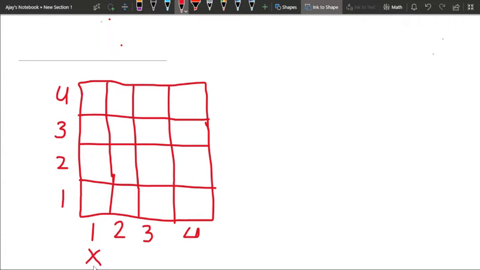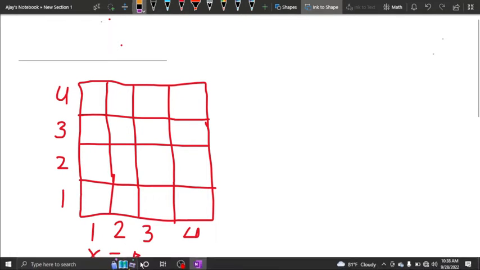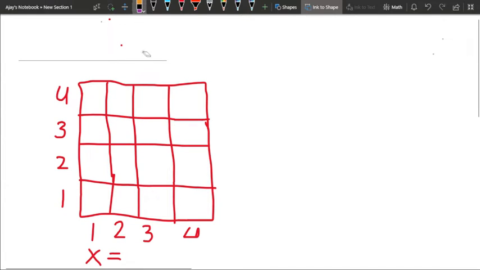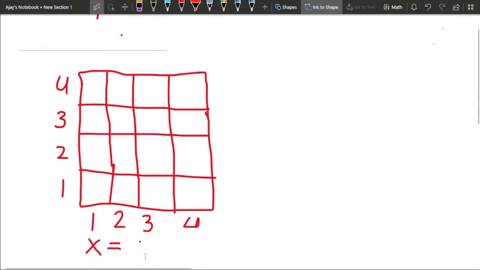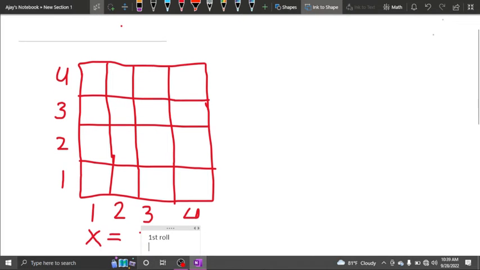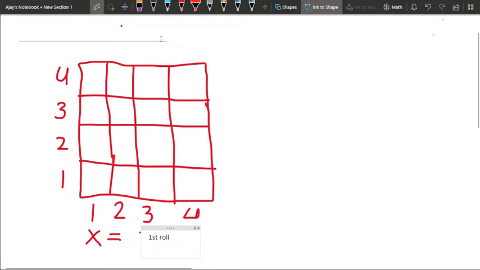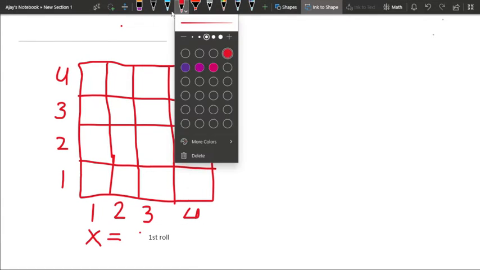So x is equal to first row, and here y is equal to second row.